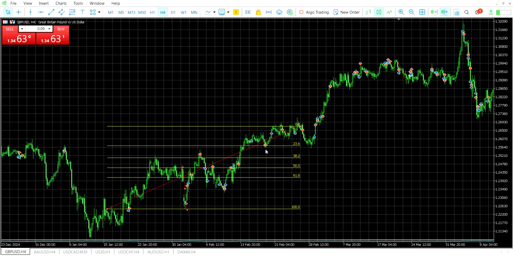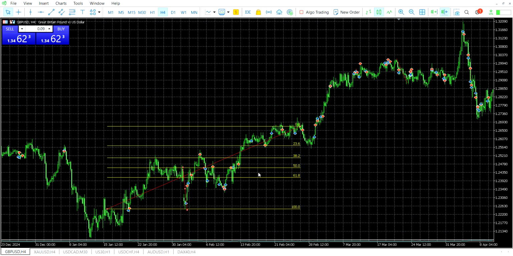The next goal is 1, I mean 100% of the previous trend. This one. This trend is about the same length, or the same size as the previous trend was.